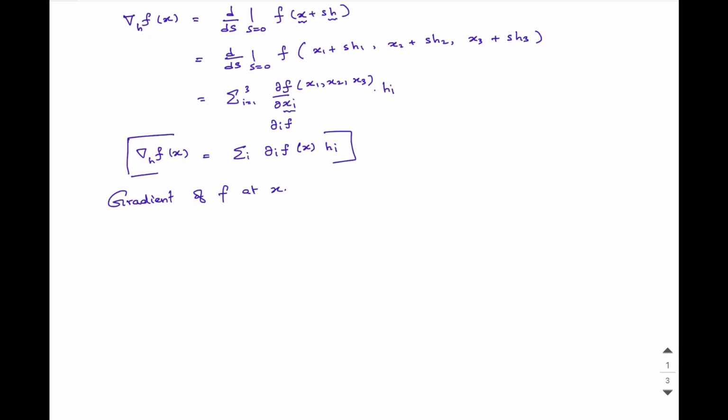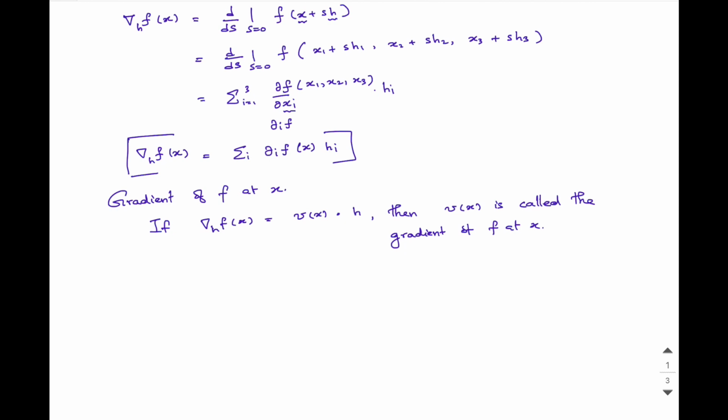If it turns out that I can write the covariant derivative of f at x along the direction h as the inner product of some v of x and h, remember, h is just a constant vector, then v is called the gradient of f at x.